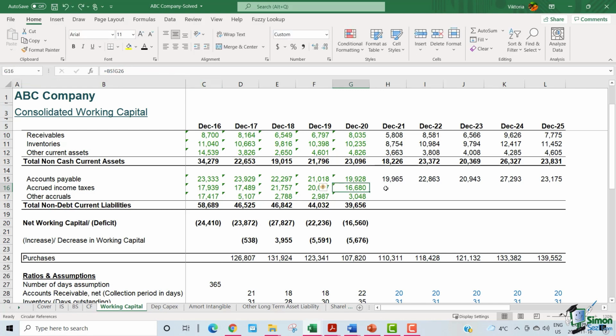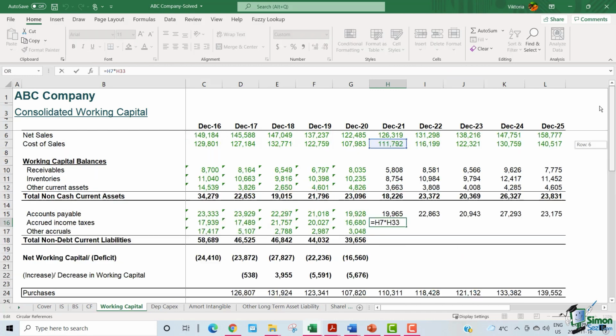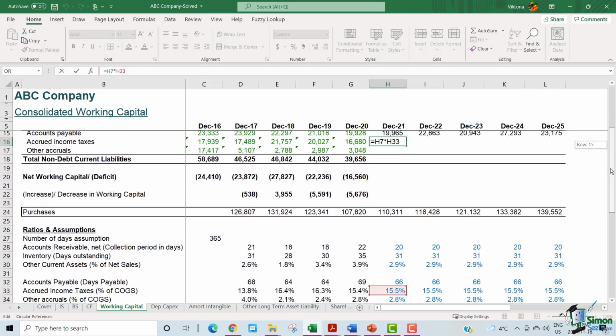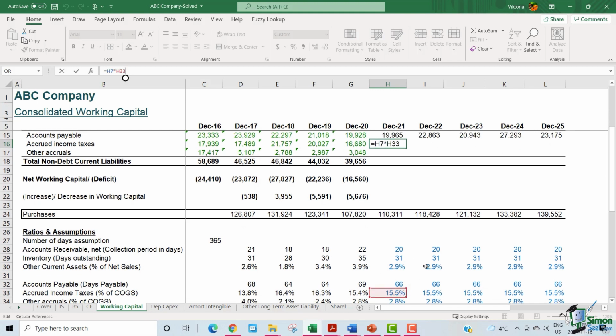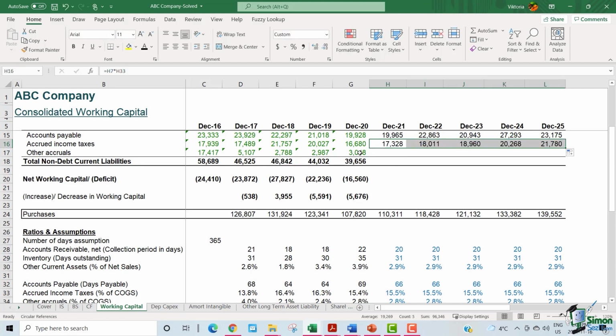Let's forecast the accrued income taxes, which was simply a percentage of the cost of sales. So for 2021, it's the cost of sales of 2021 times the accrued income taxes percentage calculated over here. The accruals were also the percentage of cost of sales.